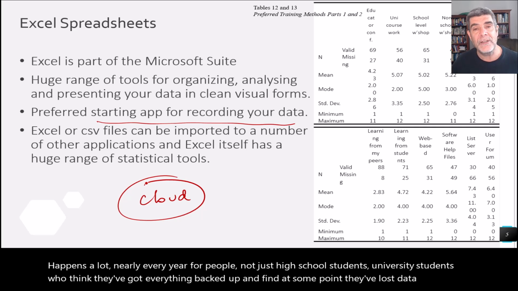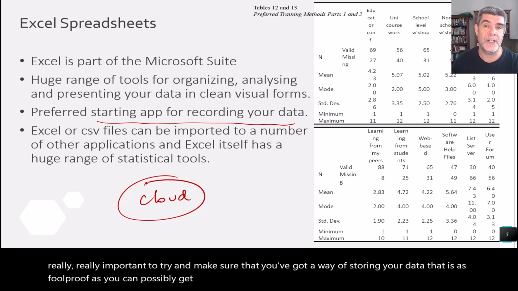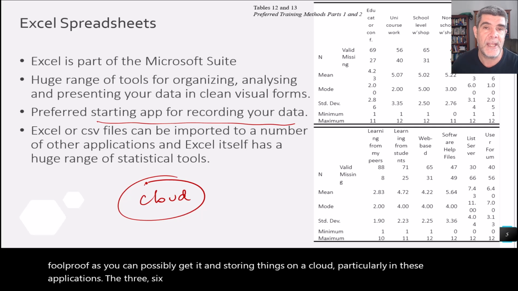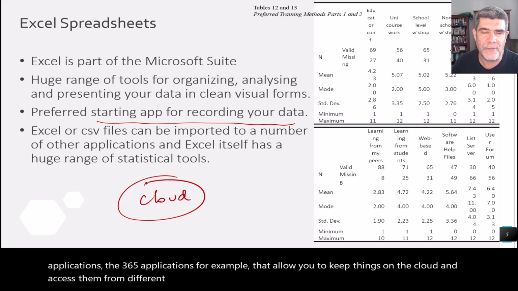So it's really, really important to try and make sure that you've got a way of storing your data that is as foolproof as you can possibly get it. And storing things on a cloud, particularly in these applications, the 365 applications, for example, that allow you to keep things on the cloud and access them from different machines, I think is really, really important.